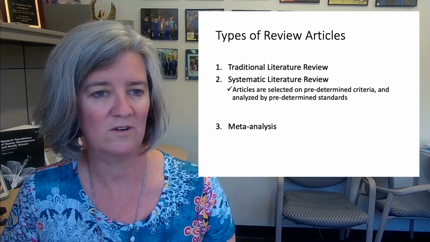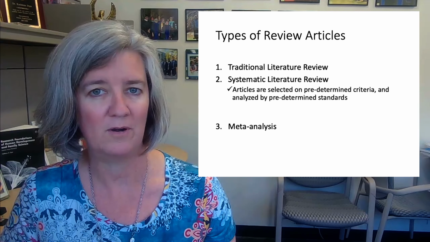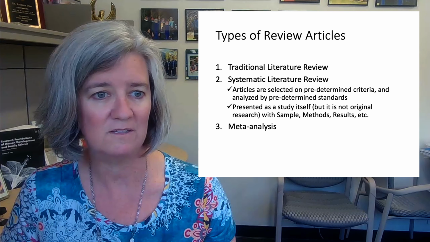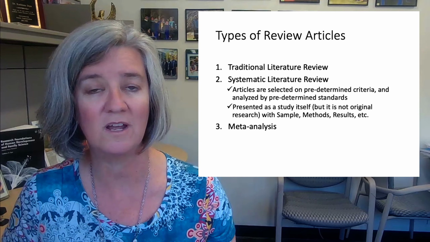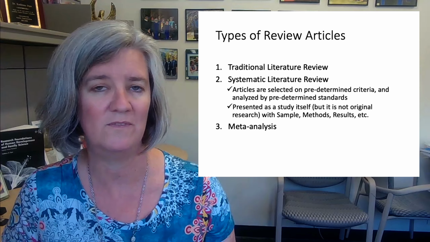So the writer will lay out the paper much as they would lay out a scientific research paper. It's got an introduction saying, why do we need a literature review in this area?